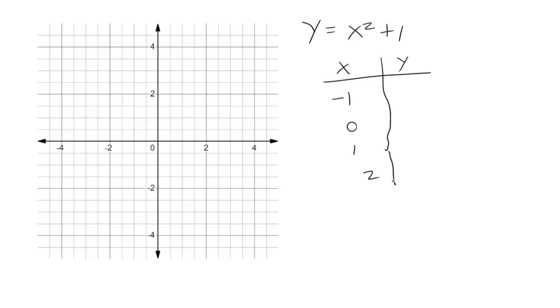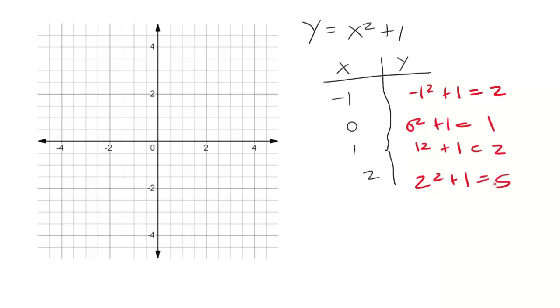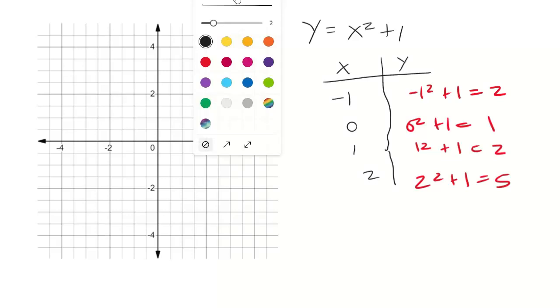Notice that in either case, you're plugging these into the equation. Negative 1 squared plus 1 is equal to 2. 0 squared plus 1 is equal to 1. 1 squared plus 1 is equal to 2. And 2 squared plus 1 equals 5. I omitted finding the x-intercepts because, unfortunately, this one has no x-intercepts.